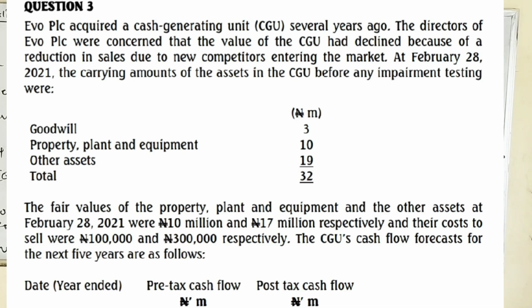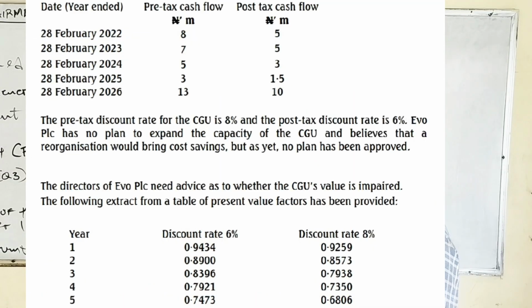The cash generating unit's cash flow forecast for the next 5 years are as follows, from year end 28 February 2022 till 28 February 2026. We have the pre-tax cash flow and the post-tax cash flow. The pre-tax discount rate for the cash generating unit is 8% and the post-tax discount rate is 6%.